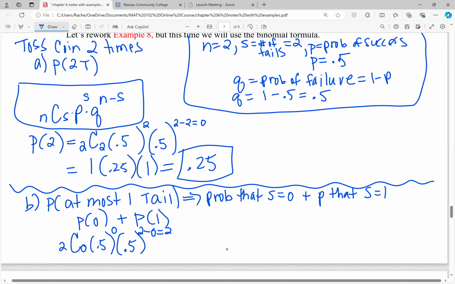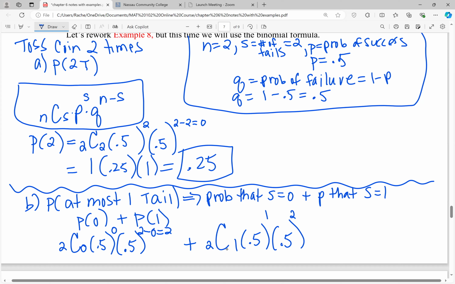trials. Plus, now we have to do this again for 1 success. So n choose s is going to be 2 choose now 1 success. And then we're going to have 0.5 raised to the s, which is 1 in this case, times q raised to the n minus s.